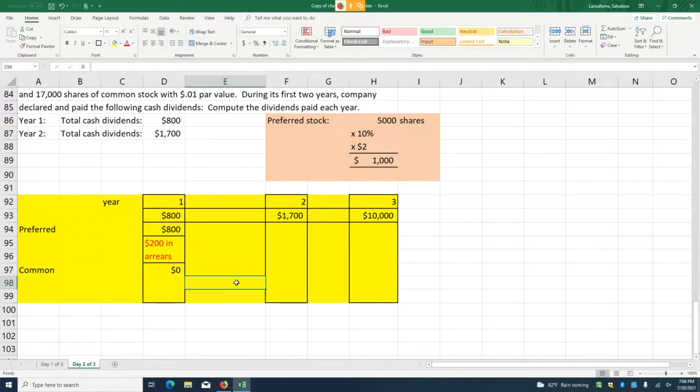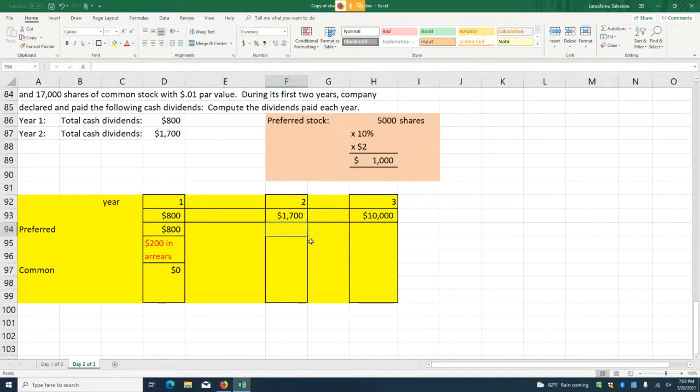So 200 is in arrears. Basically, it means the company owes them. Why would a company do that though? Just to make it not just a shitty old preferred stock. This is cumulative, so guaranteed money no matter what. Even if we don't have it this year, when we do get it, you have it.